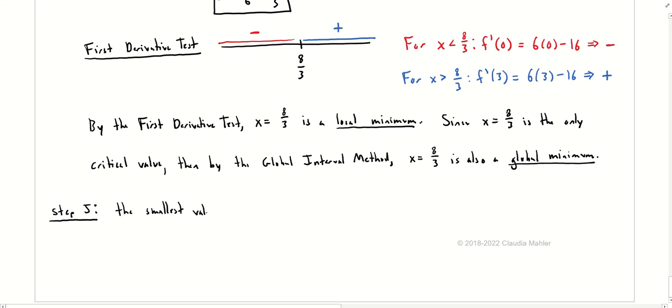So the smallest value of x squared plus 2y squared is, okay, well, x we just said was 8/3. So this is going to be f of 8/3. X squared is 8/3 squared plus 2 times y squared.